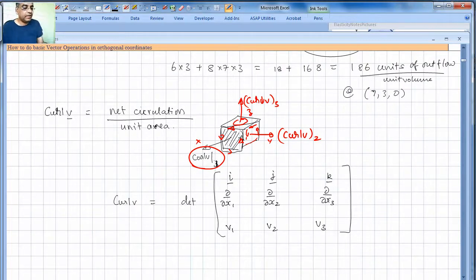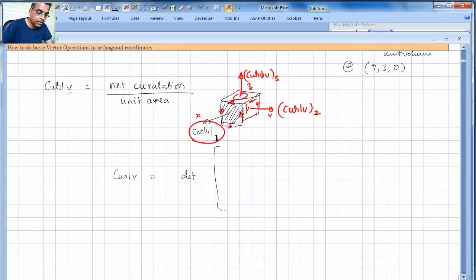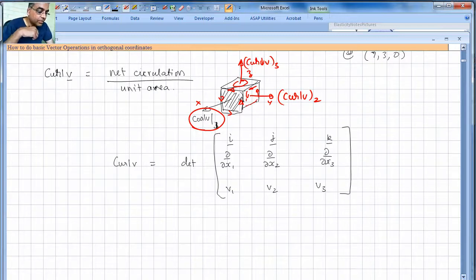Pretend it's a determinant and just compute it. This is the best way to compute curl of something. It turns out to be beautiful, very nicely extendable. So please pay attention. This is the best way. Forget about doing this del cross and all this, it will not work out well. This is the easiest way to do it, and it will work beautifully for many other cases.